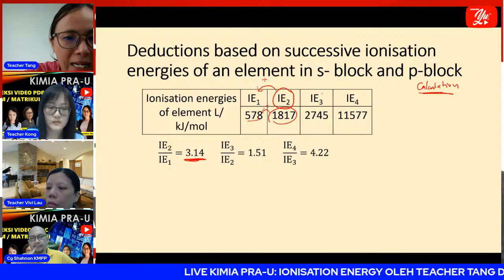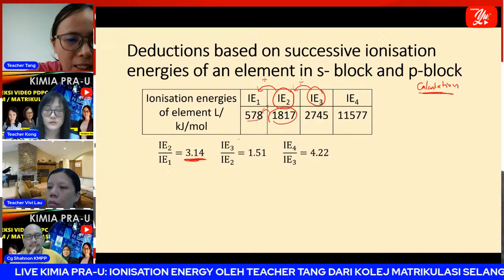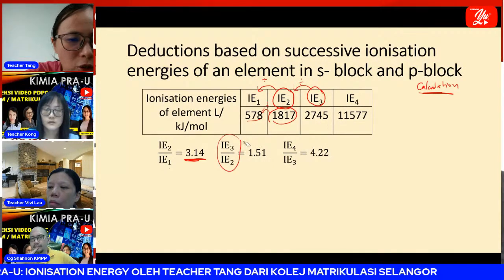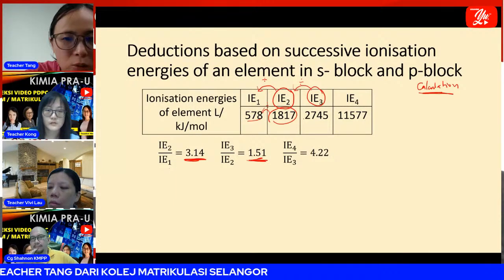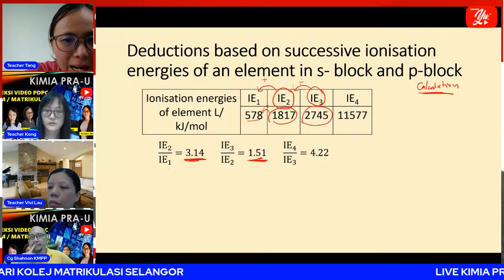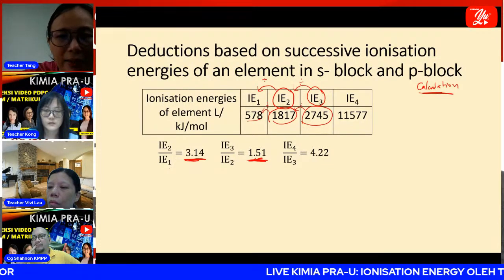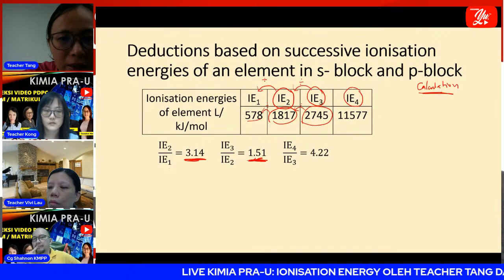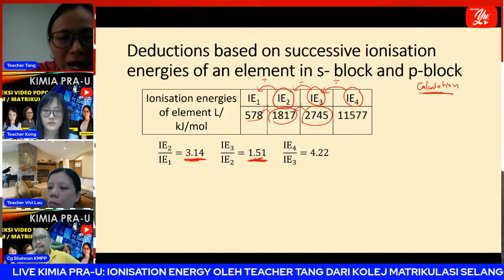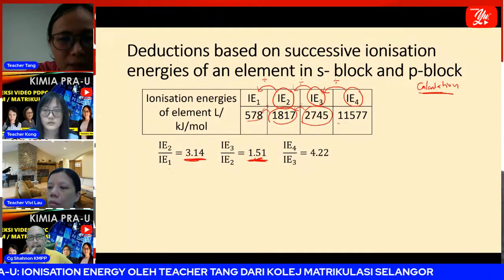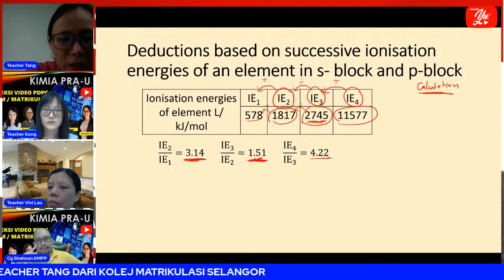Then IE3 divided by IE2, so 2745 divided by 1817, you get 1.51. And then IE4 divided by IE3, so 11577 divided by 2745. So you get this ratio.